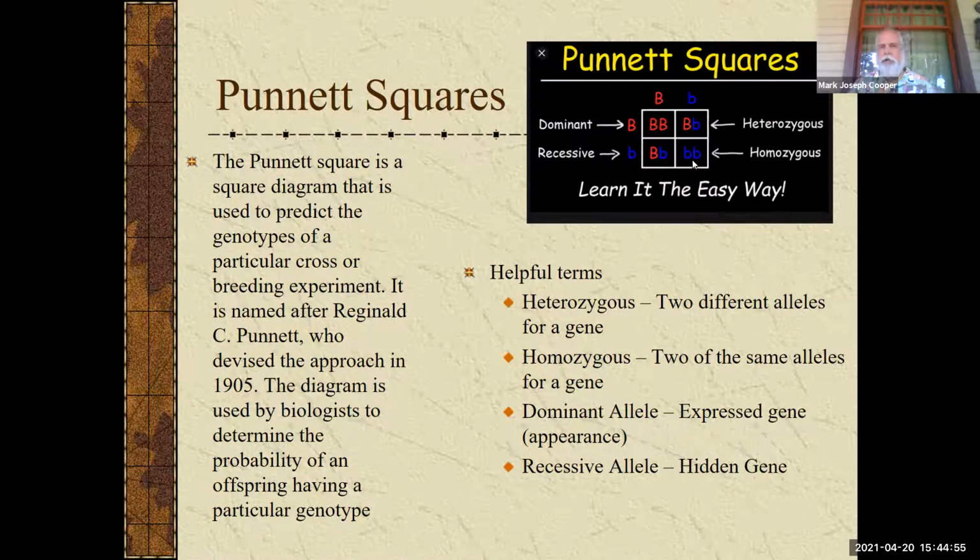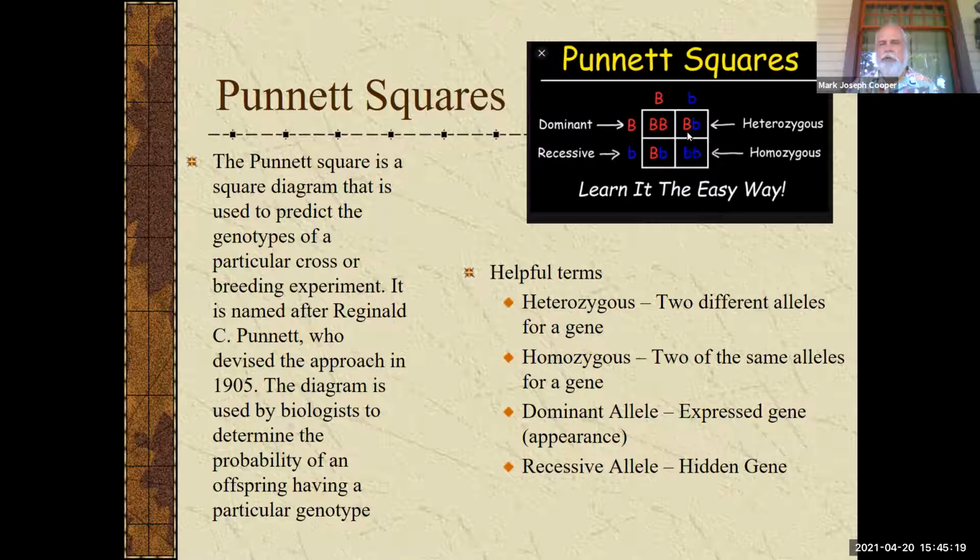Okay, so going through this square, the first one up here, if the large B stood for purple and the little b stood for white, this organism up here is called homozygous dominant, and this would be a purple flower. The one on the bottom right would be homozygous recessive, and this would actually appear as a white flower.